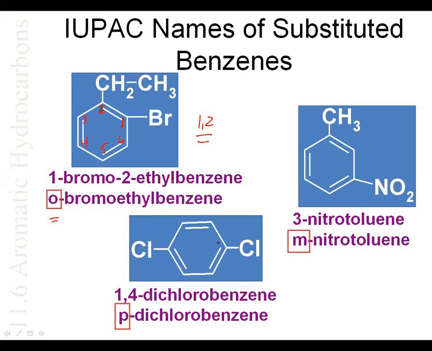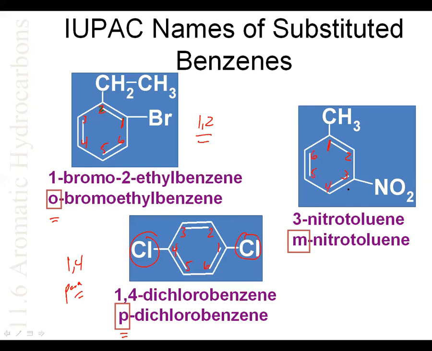This would give us 1, 2, 3, 4, no matter which way you go. And that's 1,4-dichlorobenzene for the 2 chlorines that are in there. Our 1,4 positioning is our para positioning, where we could call it para-dichlorobenzene. And lastly, on the far right there, we have our 1 and 3 positioning. 1, 2, 3, 4, 5, and 6.